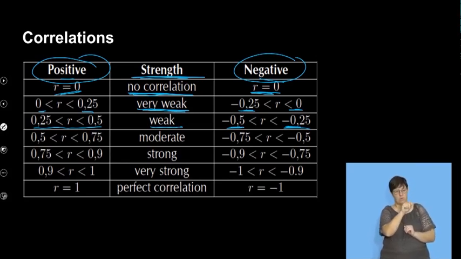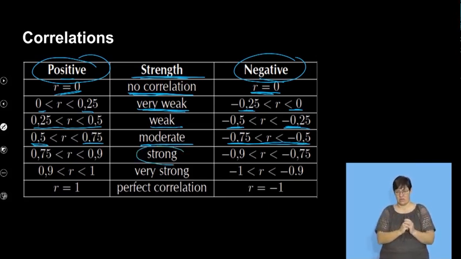And we also have moderate. Moderate is 0.5 to 0.75. It can also be negative, so this would be negative moderate correlation. Are we together? If r is between negative 0.75 and negative 0.5.